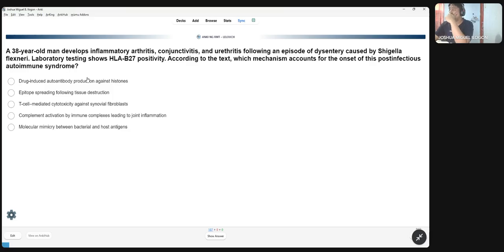38-year-old man develops inflammatory arthritis, conjunctivitis, and urethritis following an episode of dysentery caused by Shigella flexneri. Laboratory testing shows HLA-B27 positivity. So this is for rheumatoid arthritis.